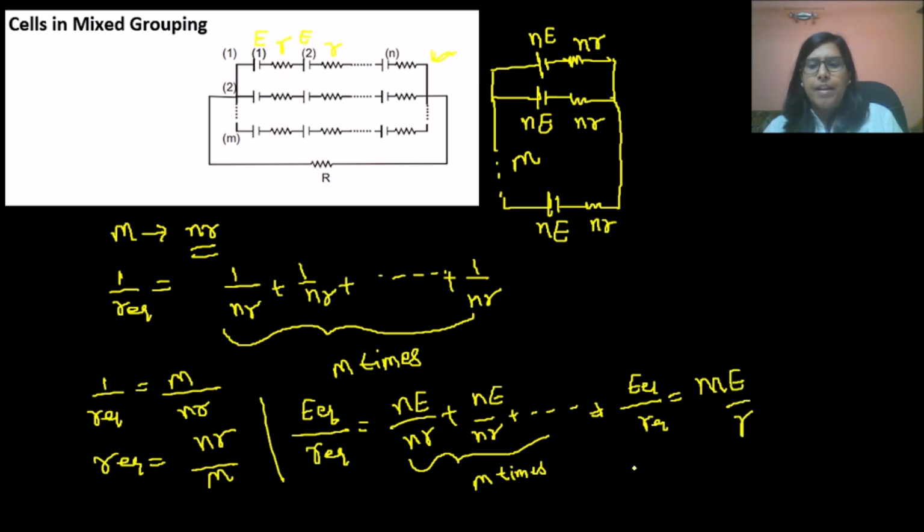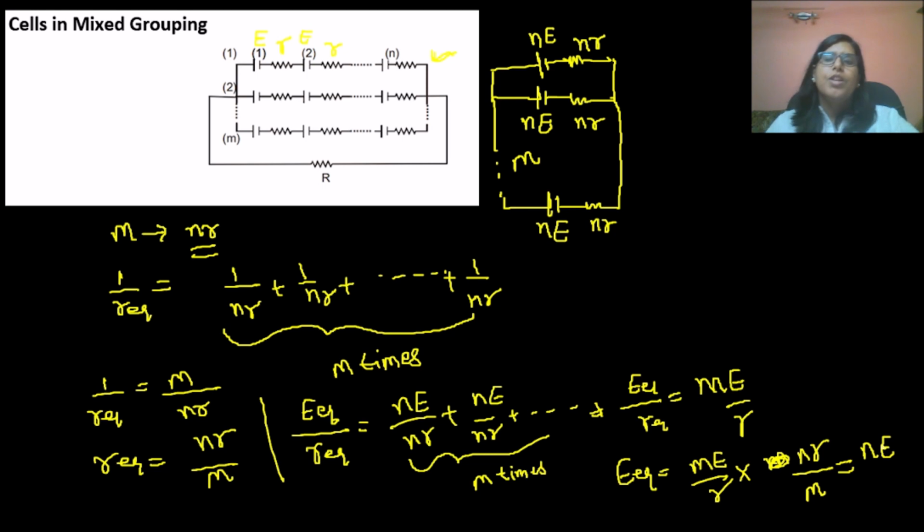If we multiply by R equivalent, it will become n into E. So E equivalent for this combination will be nE, and R equivalent will be nr upon m.